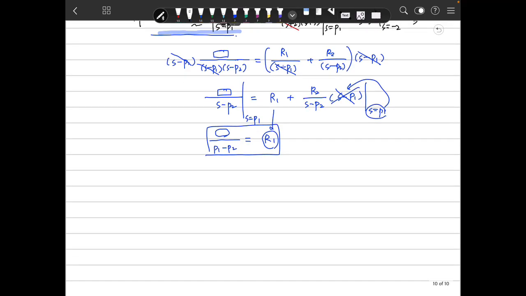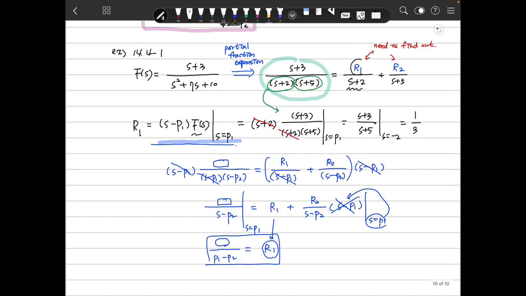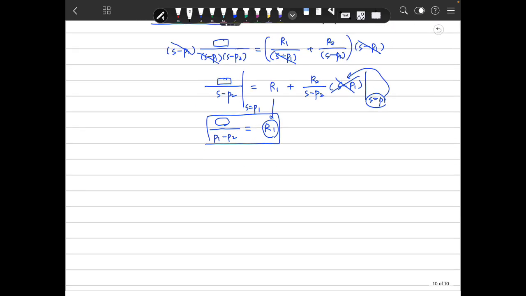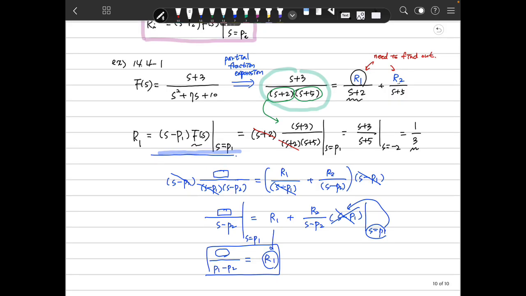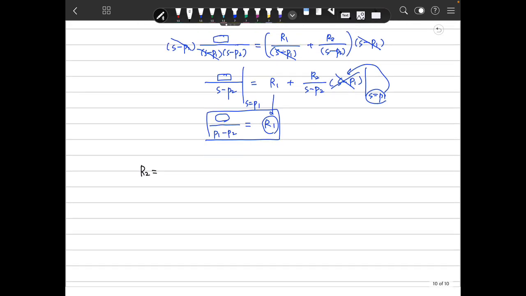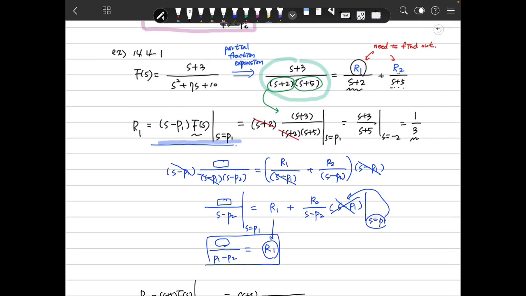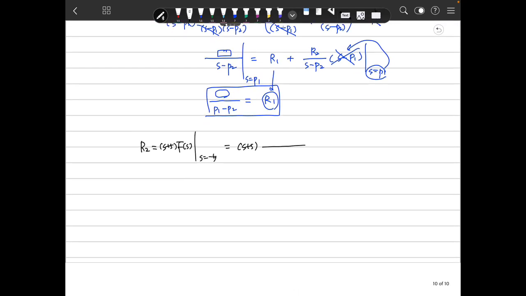The same way we calculate R2. We got R1 is 1 over 3, so we need R2. R2 will be, because R2 is the parameter of s plus 5, so that is Fs times s plus 5, then apply s is minus 5. So Fs, s plus 2, s plus 5, and s plus 3, and s is minus 5.